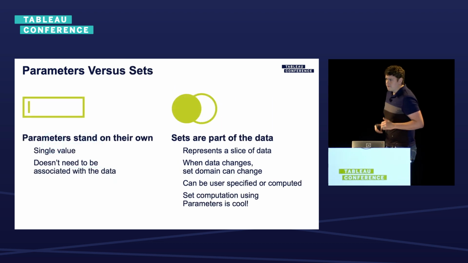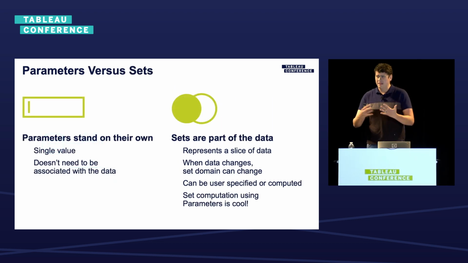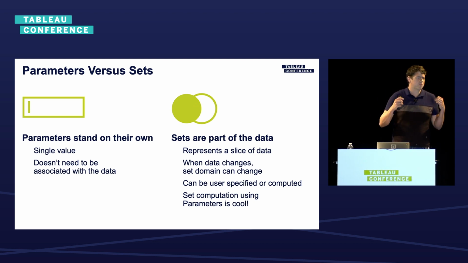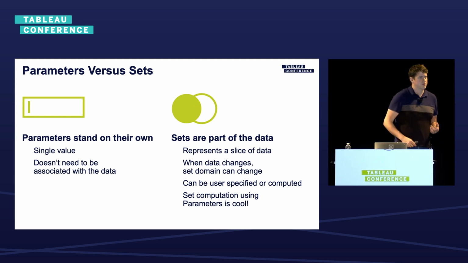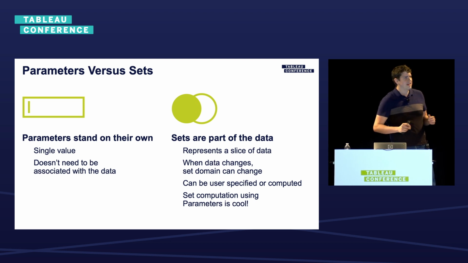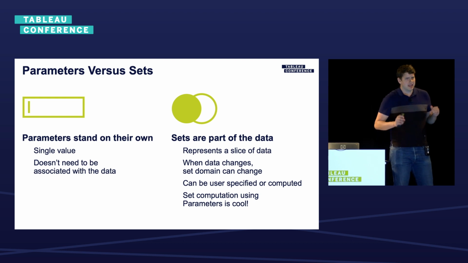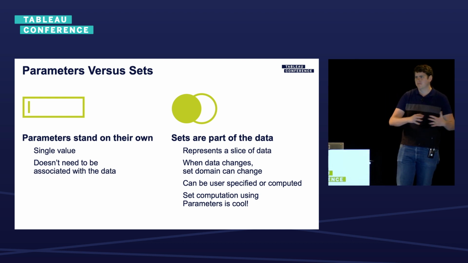Now, there's another feature that can be used in similar ways to parameters, and that's sets. But there are some really important differences between them. A parameter stands on its own. It doesn't have to come out of the data. It's a user input value, and it can be whatever you want. Sets, on the other hand, are a slice of the data.